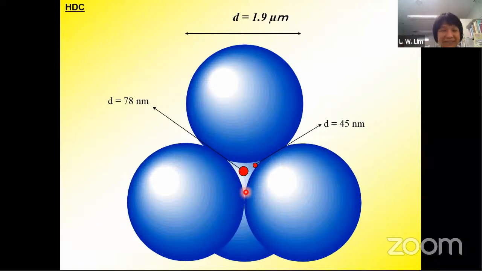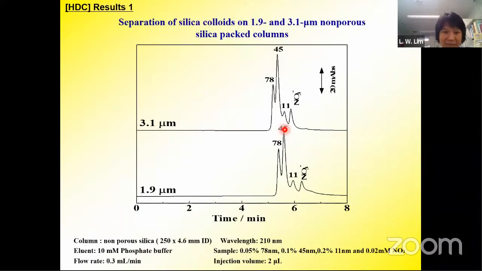So this is just an image. When we combine both, you can see we are able to separate them like this. In this case, this one stands for the size of the packing particles, and this one stands for the size of the bigger one.